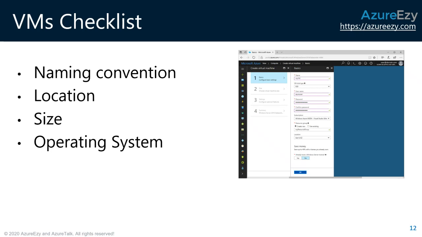But suppose your application is developed in the MEAN stack, MongoDB, Angular and all those, that particular stack. Now that can be deployed on a Linux VM, so you need a Linux operating system for that.